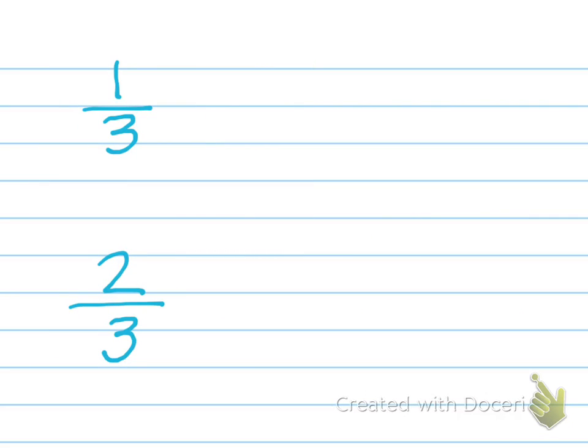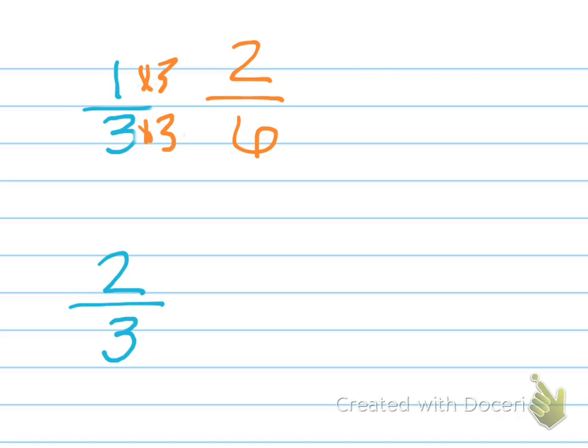Number 4 says write 2 fractions that are equivalent to 1/3. So anything that's equivalent, you just have to multiply the numerator and the denominator by the same number. So if we were multiplying 1/3 by 2, we would have to multiply 1 by 2 and 3 by 2. So it would be 2/6. Or we can multiply them both by 3.